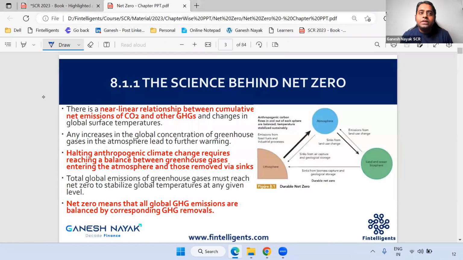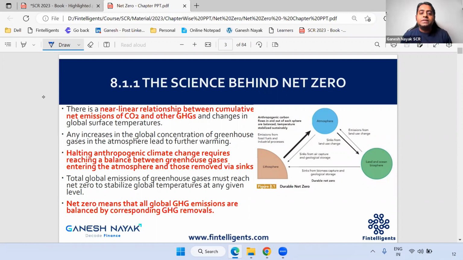So, what is net zero? Net zero primarily means that as human beings, when we emit carbon into the atmosphere, which will happen because of economic development, we should have some mechanism to sink, or remove, carbon from the atmosphere. So the net effect of you emitting carbon and you removing carbon should be equal.